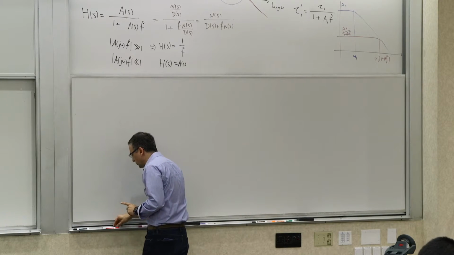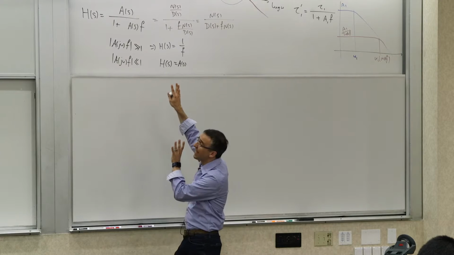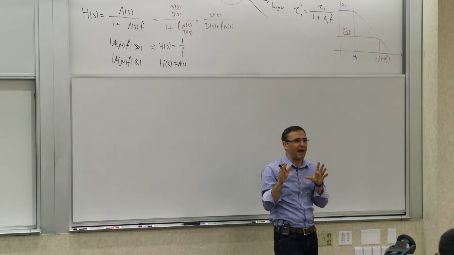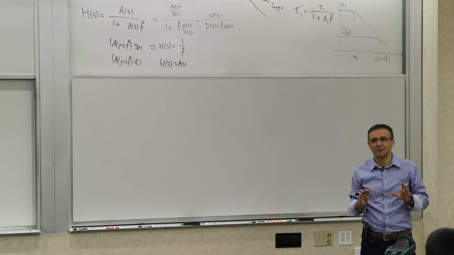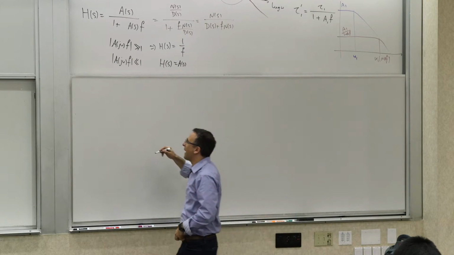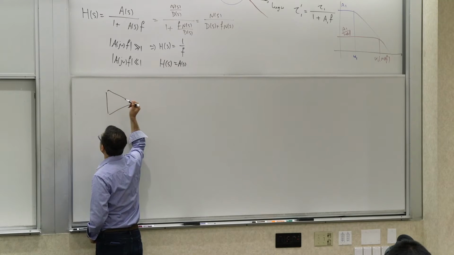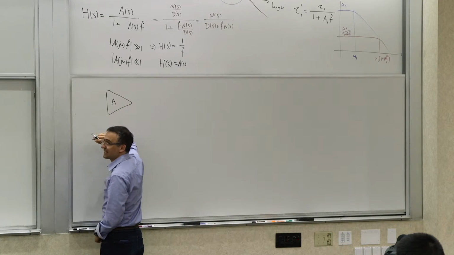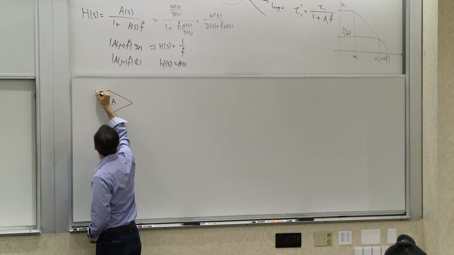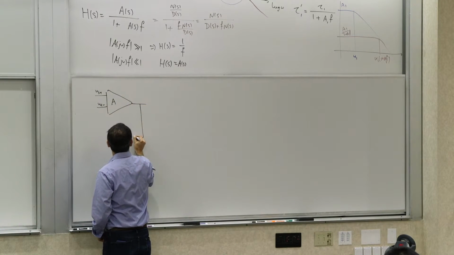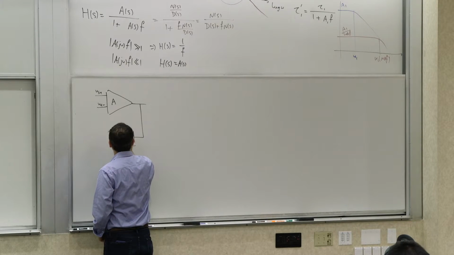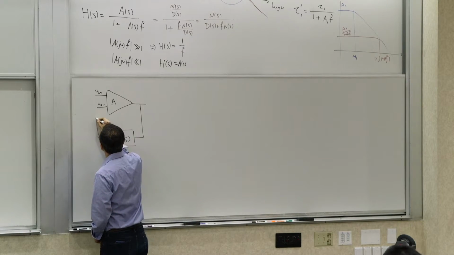So the next thing we are going to do is, so far we looked at what happens if you have dynamics in the forward path, in the A of s. Now this time we assume the reverse. We assume that the forward path, for the frequencies at least you're interested in, has a constant gain. But now we are assuming that the feedback network has dynamics, has some frequency response.